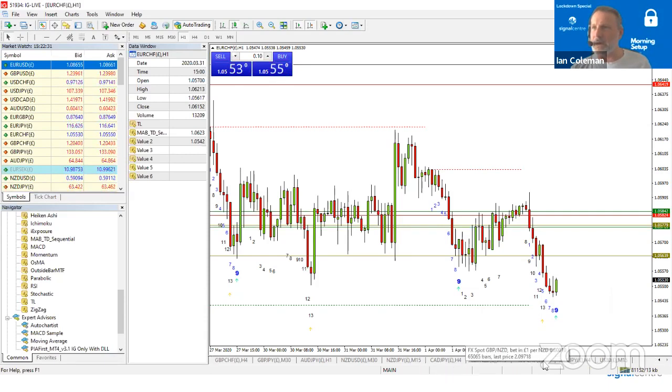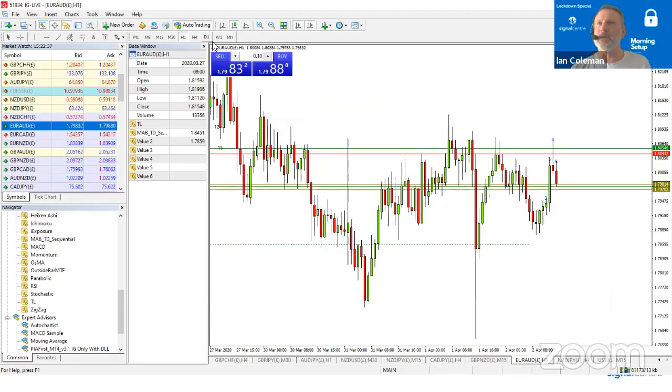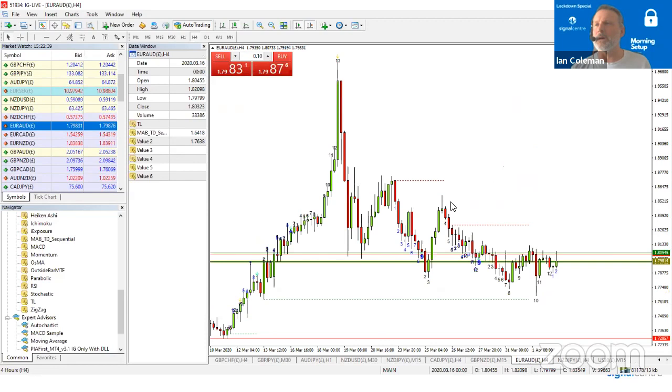Let's just have a look at 2 more crosses. So let's look at these 3. Okay, nearly a 13 count on euro Aussie, so that's got potential to dip buy maybe. Potential head and shoulders, reverse head and shoulders maybe.